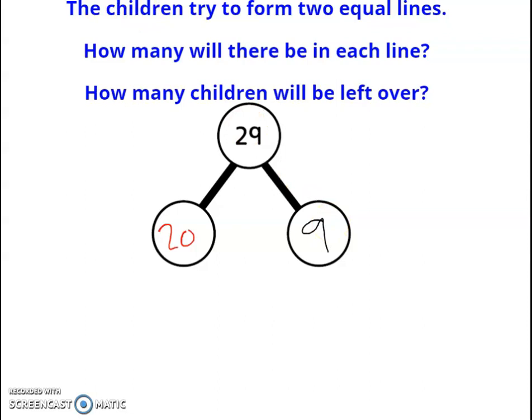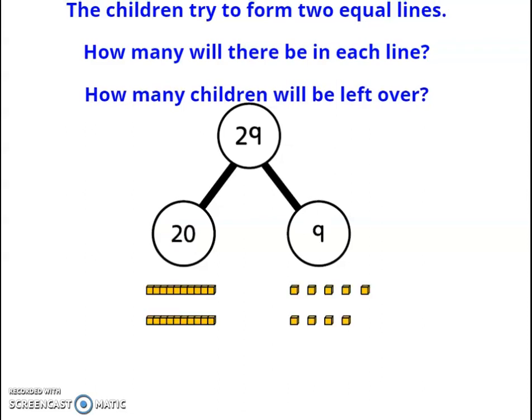The next stage is that I'm going to represent that 29, those two tens and 9 ones, using base 10. And we can see from the image on the screen that my 20 becomes 2 10 sticks and my 9 becomes 9 1 cubes.